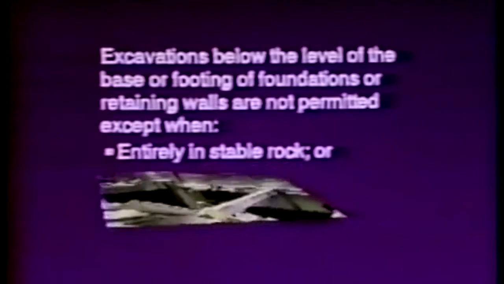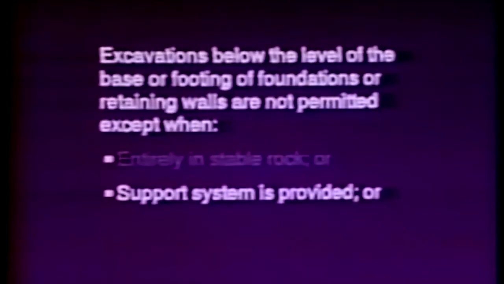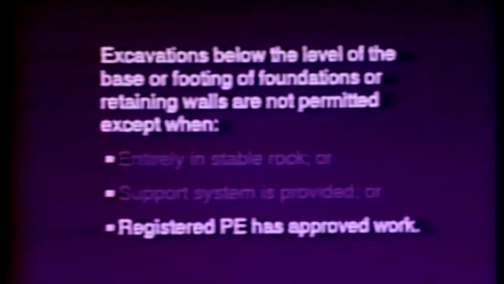Excavation below the level of the base or footing of any foundation or retaining wall that could be reasonably expected to pose a hazard to employees is not permitted except when the excavation is entirely in stable rock, or a support system such as underpinning is provided to ensure employee safety and stability of the structure, or a registered professional engineer, PE, has approved the determination that the structure is far enough away not to be affected by excavation activity, or that such excavation work will not pose a hazard to employees.